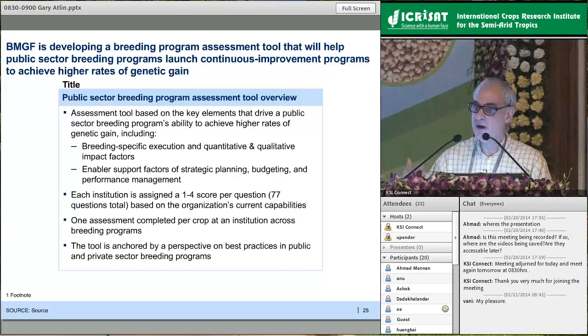This will involve a questionnaire covering most important areas of breeding program operation and management, about 70 questions. And the way the questionnaire is structured, it really lays out major management issues in cultivar development.